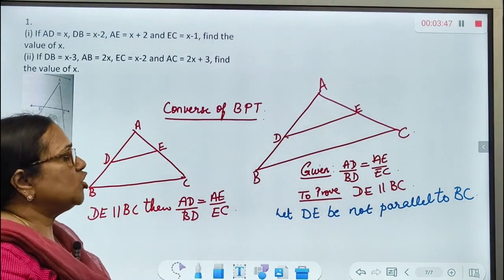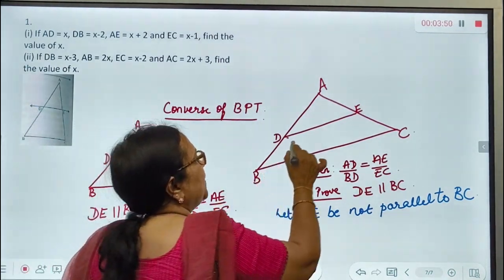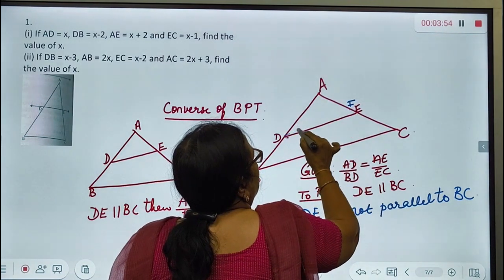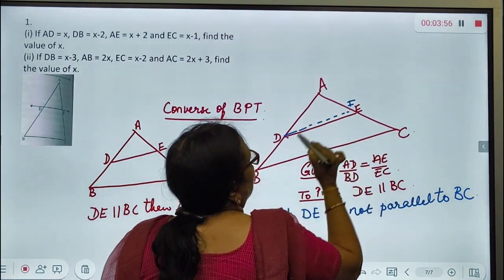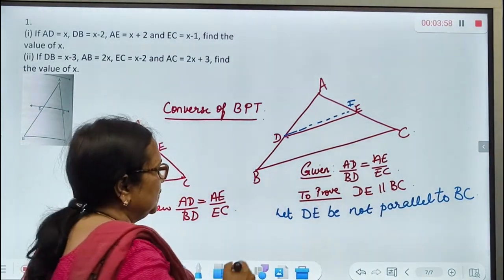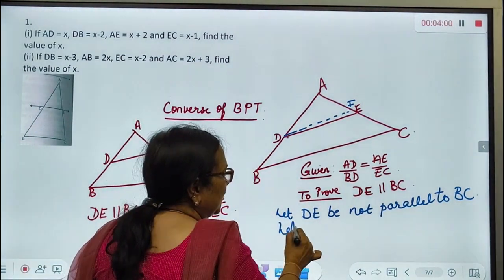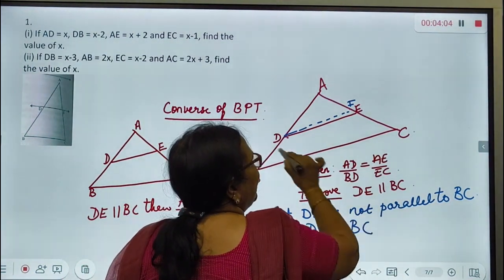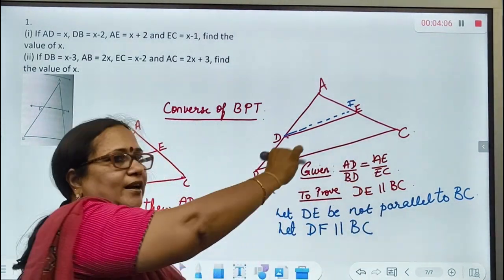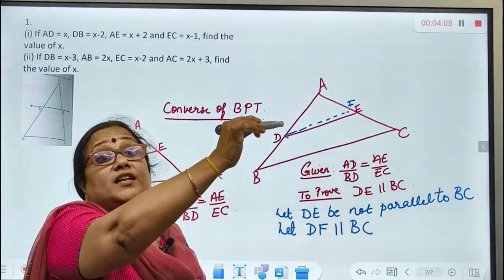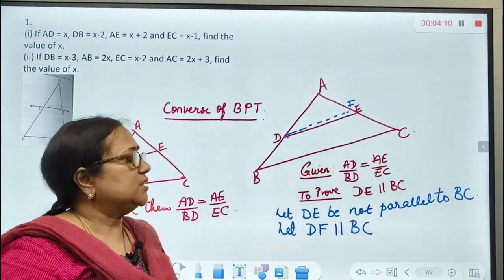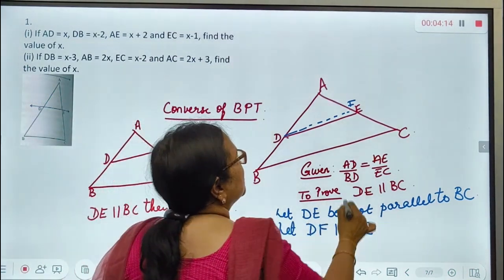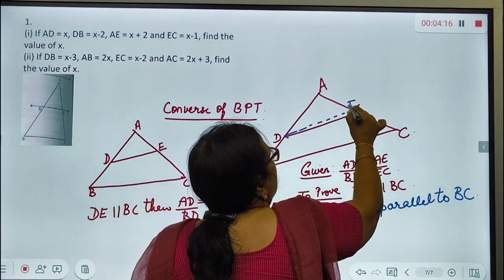If DE is not parallel to BC, then there should be some other point F such that DF is parallel to BC. See, if DE is not parallel, then through D I should be able to draw another line which is parallel to BC. I am calling that DF.